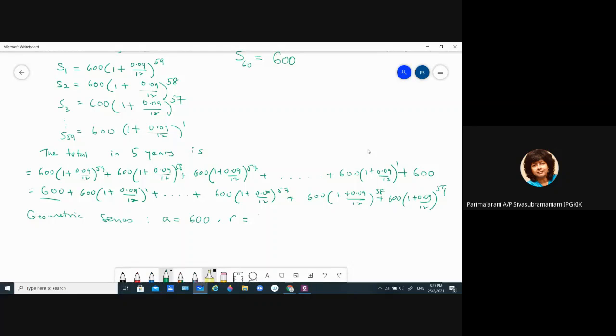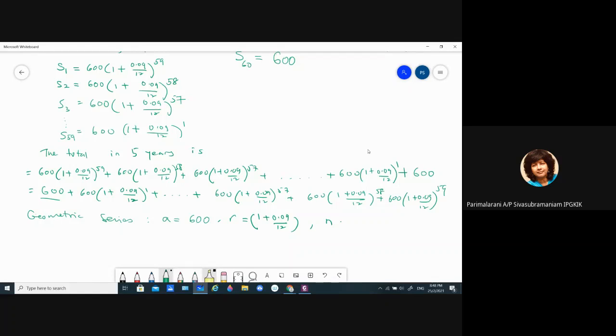Yes, this is your R. Second term divided by the first term, you get 1 plus 0.09 over 12.